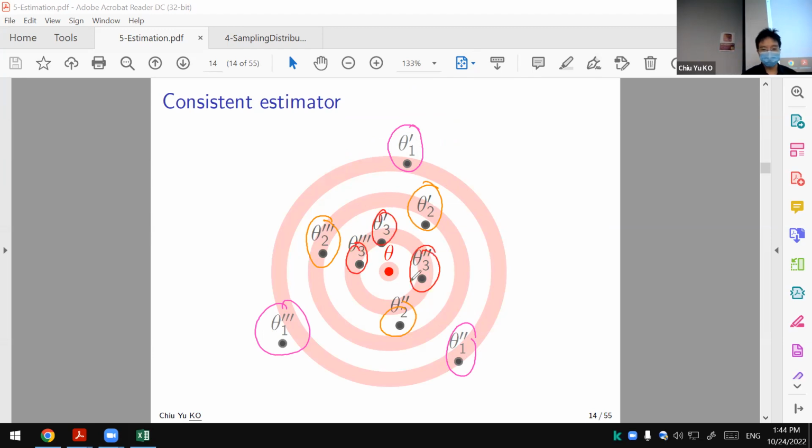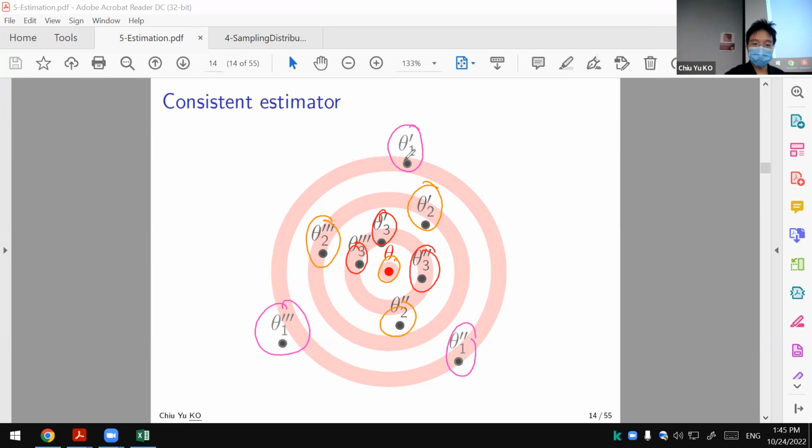All of them are biased, but you can see as the sample size gets larger, the area shrinks. And if you get bigger and bigger sample size, it's likely to shrink to this theta. And that case is called consistent. Let me repeat the statement. Originally, sample size 1 can be anywhere, right? It can be outside.